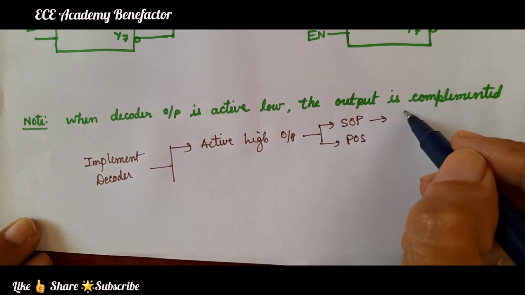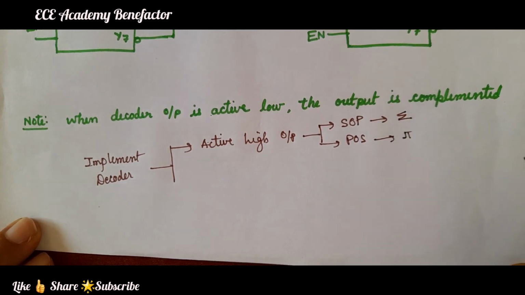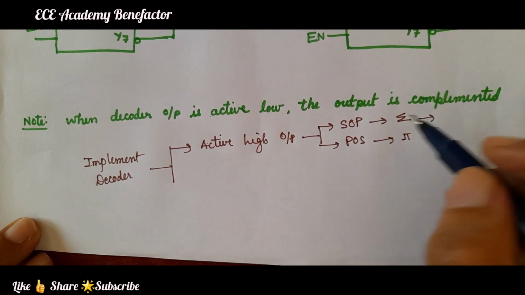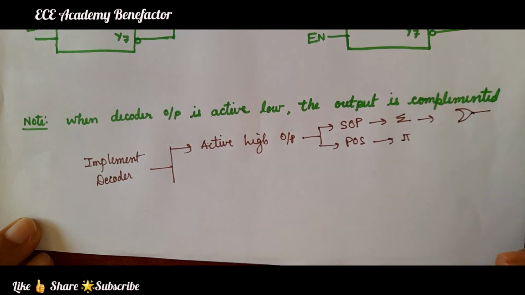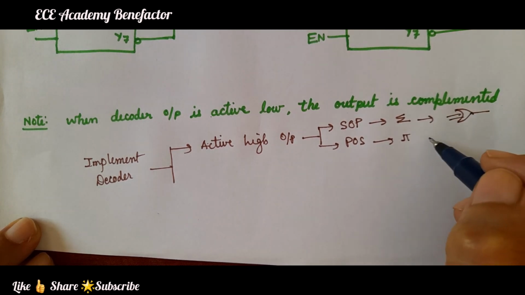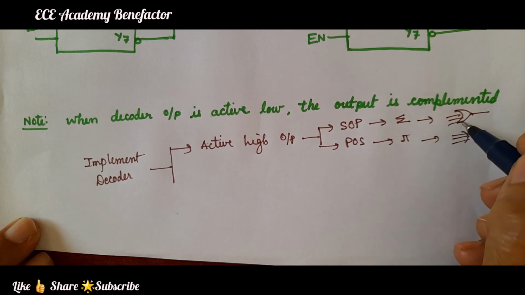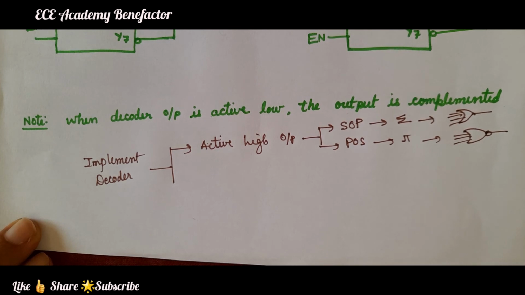SOP function is denoted by summation sign, and POS is denoted by pi, list of max terms. For SOP form, all the outputs are connected to an OR gate. For POS form, all the outputs are connected to a NOR gate for active high output.